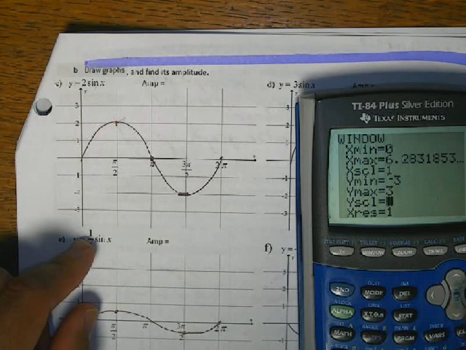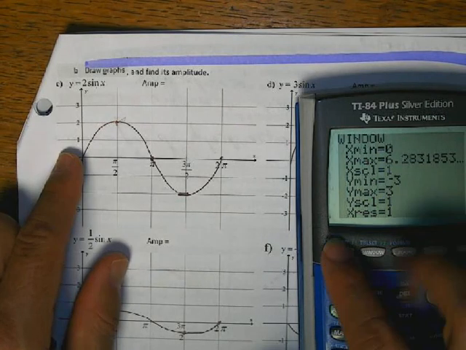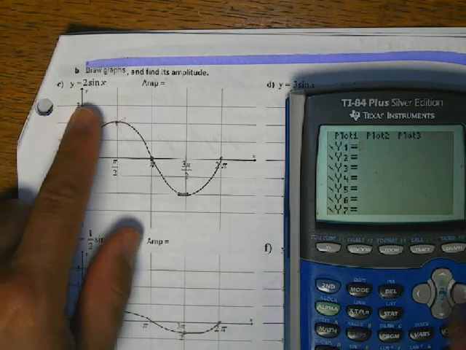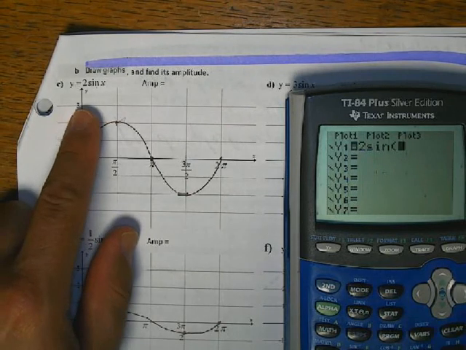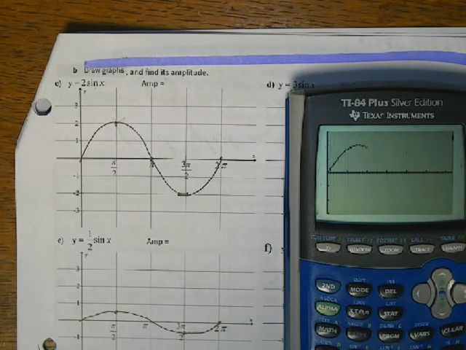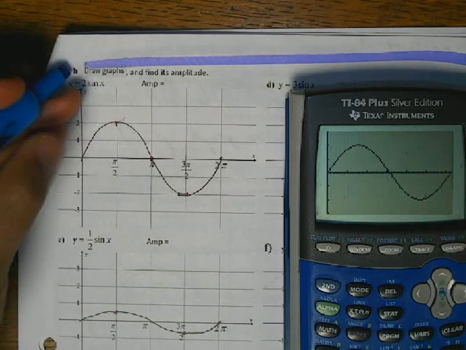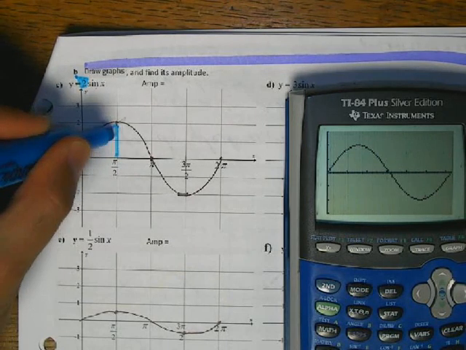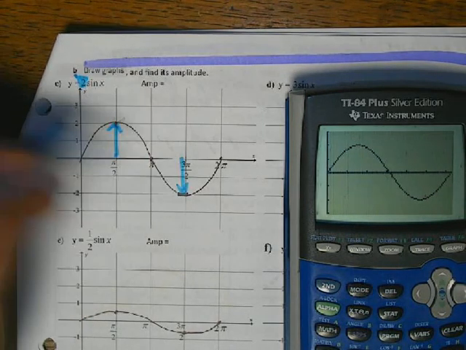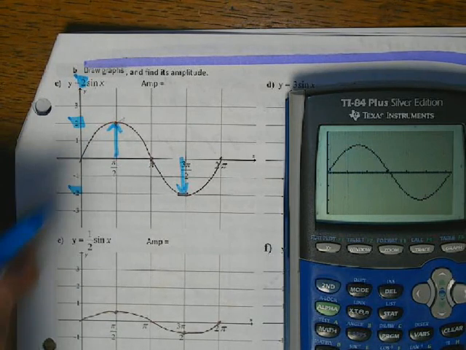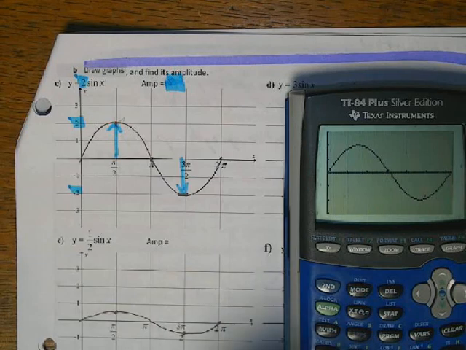Now I go back to y equals, clear this, and type in 2 sine x, and I graph that. What happens here is the amplitude, this 2 value, is going to make this go up to 2 and down to 2. And so my amplitude is 2.